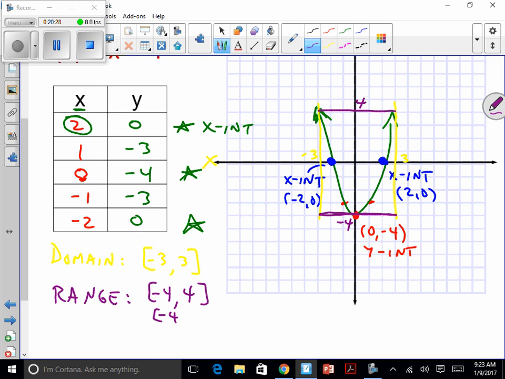Infinity is not a number. Infinity is a direction. If I walk in the positive direction forever and ever, that's infinity. Will I reach the end of it? No, I won't. So infinity is a direction. It's not a number. For infinity, you can't use a box. You have to use a parenthesis like that.